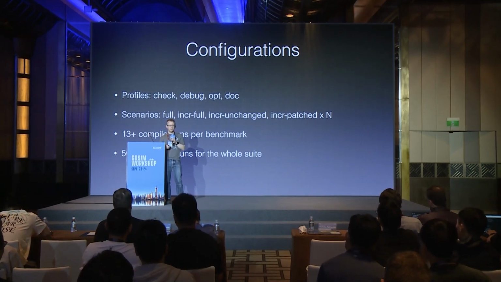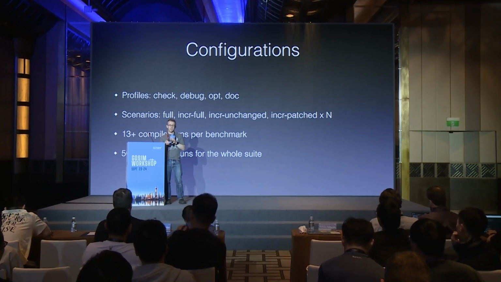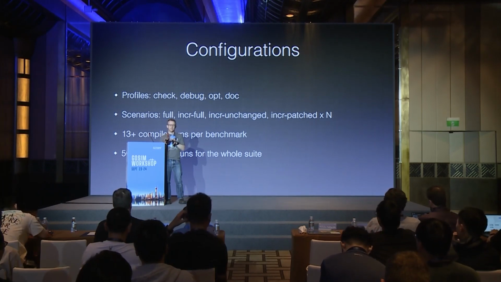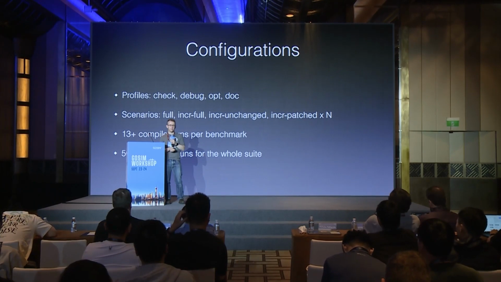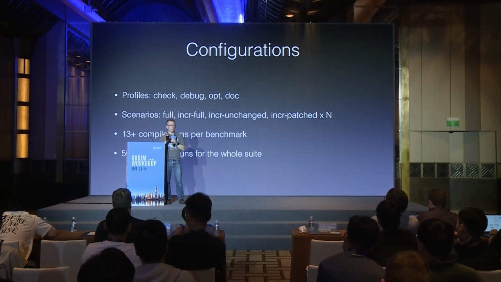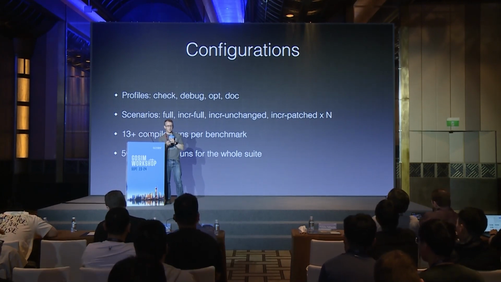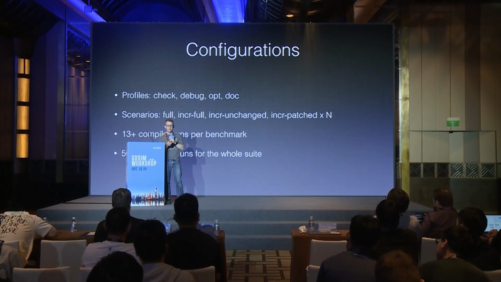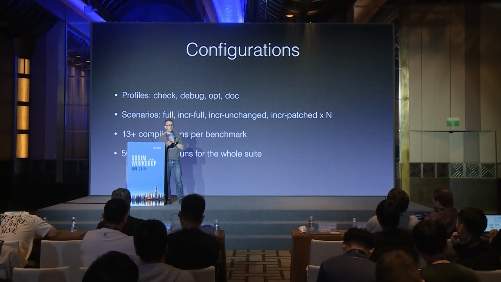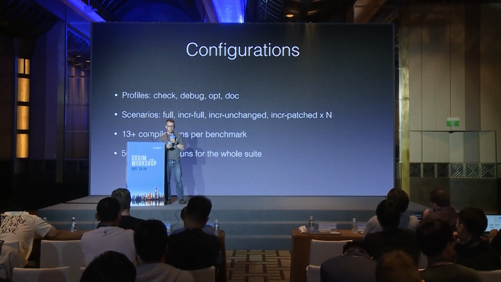Put profiles and scenarios together, and we end up with at least 13 compiler runs for each benchmark. That's quite a lot. For a full run of the whole suite, the 40-something benchmarks that we have, that's over 500 different compiler runs. So it's quite thorough.